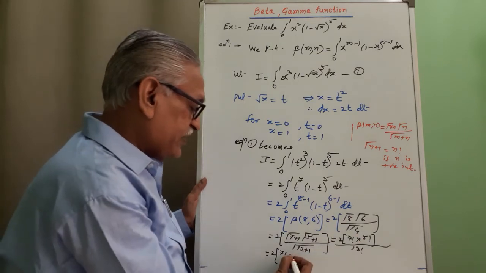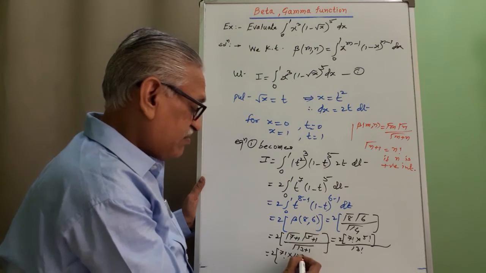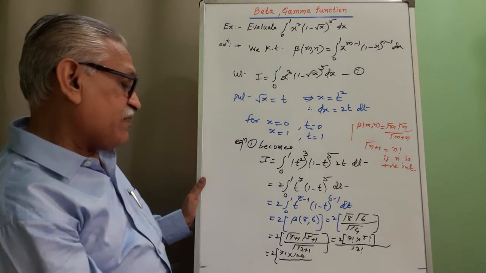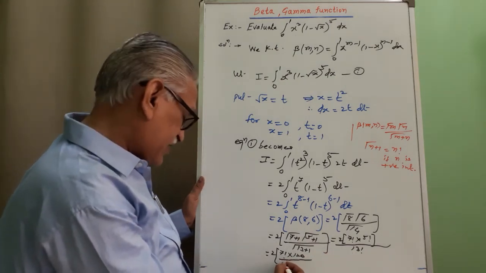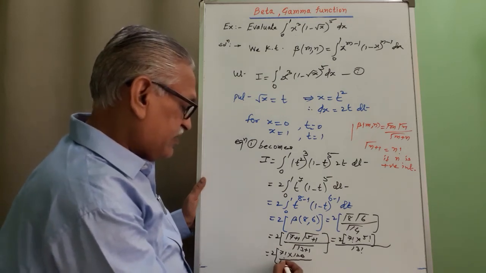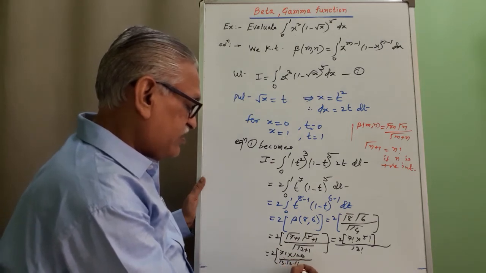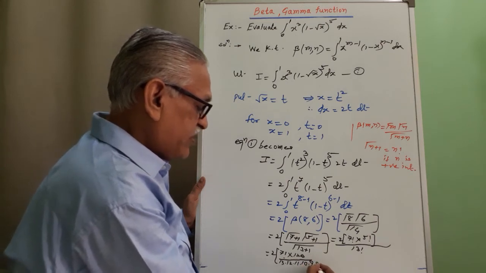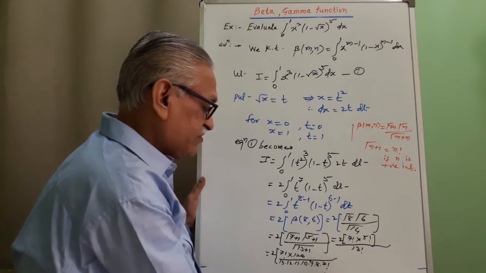5 factorial is 120, divided by 13 factorial. 13 factorial I can rewrite as 13 into 12 into 11 into 10 into 9 into 8 into 7 factorial.